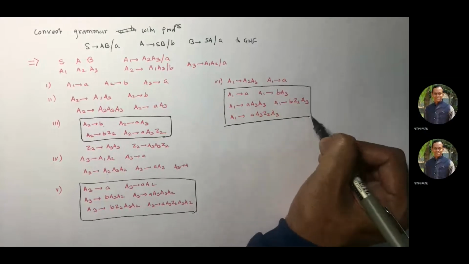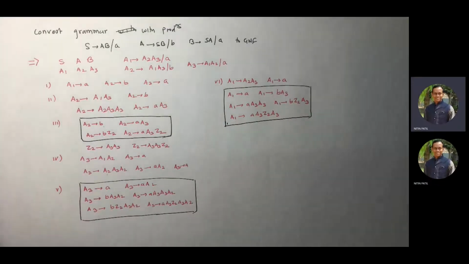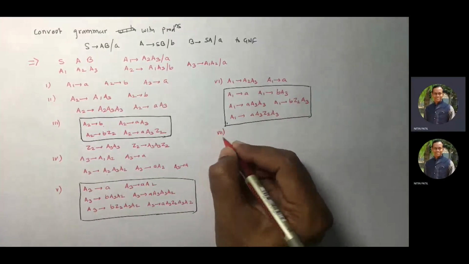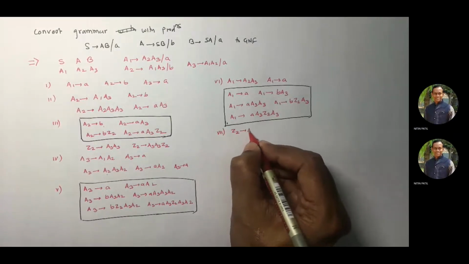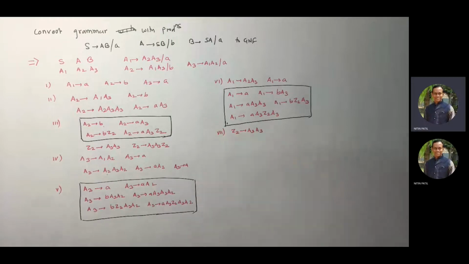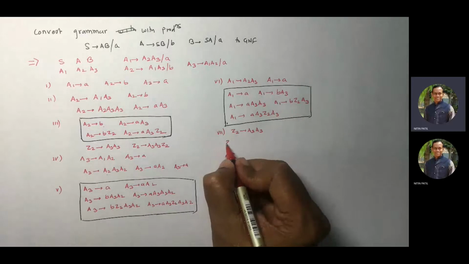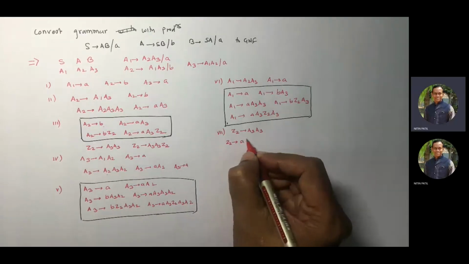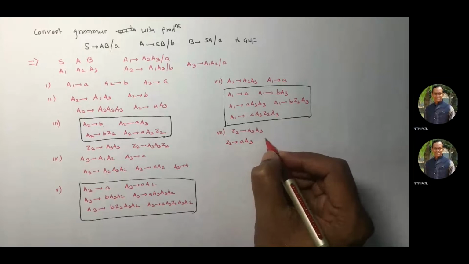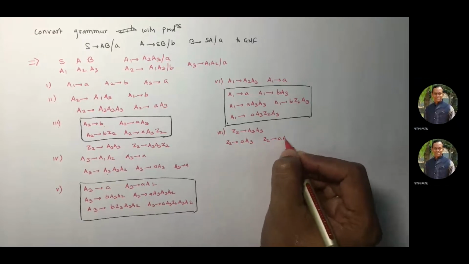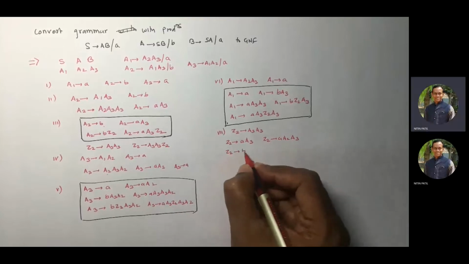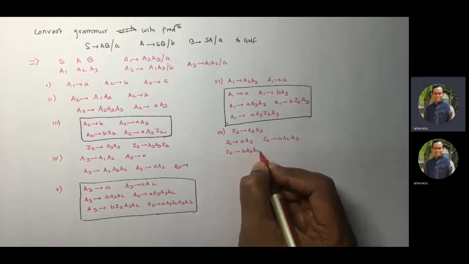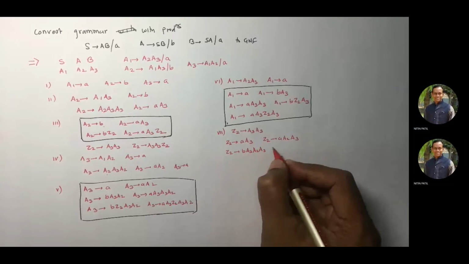Correct? Now what is remaining? Z2. So the 7th step would be Z2 gives A3. Now you have A3 values to be 6: 1, 2, 3, 4, 5, 6. So you add them there. So you get Z2 gives A2, A3. Z2 gives B, A3, A2, A3.